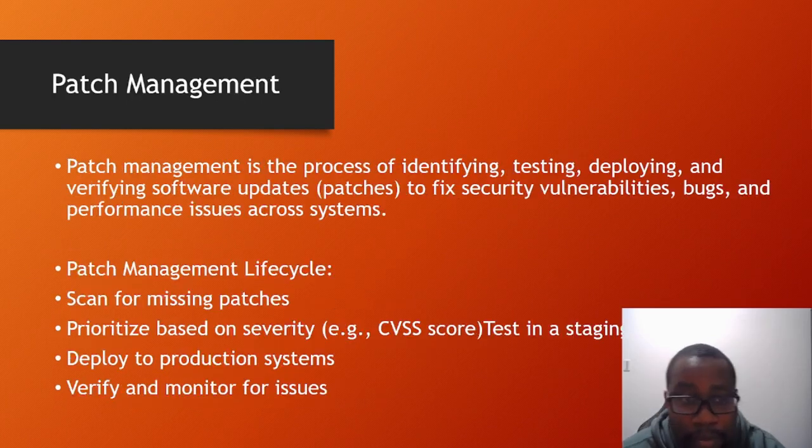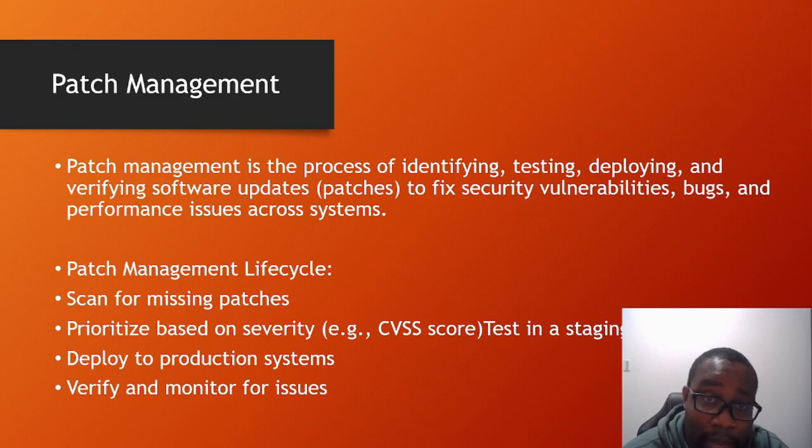The next course of action when it comes to secure endpoint management is patch management itself. So this is a process of identifying, testing, deploying, and verifying software updates, aka patches, to fix security vulnerabilities, bugs, and performance issues across systems.